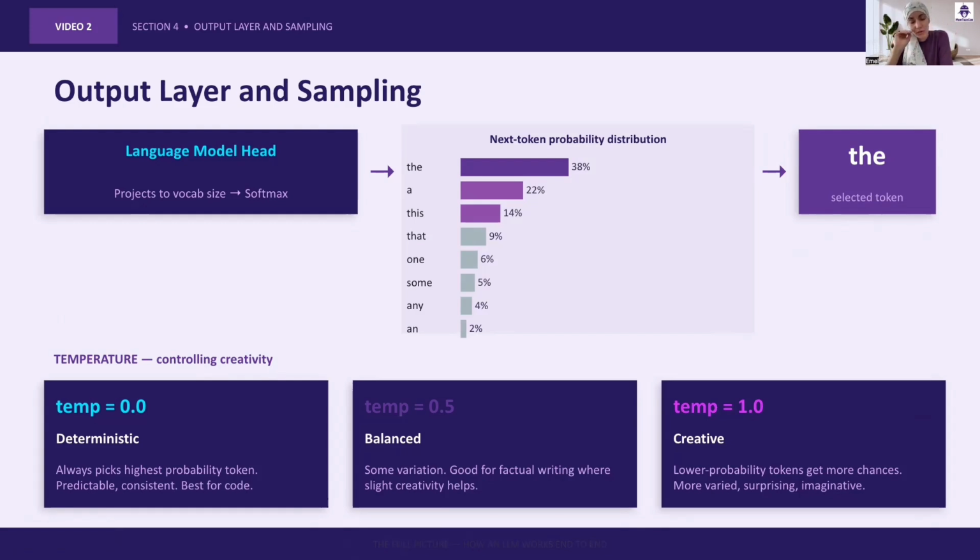At temperature 0, you always pick the highest probability token, the one that is predictable, which is good for code generation since we need deterministic results. This is why the same prompt can give you different answers each time, and why you can tune that behavior.